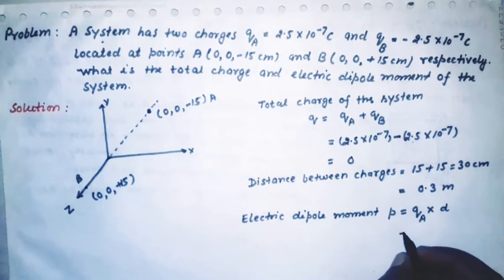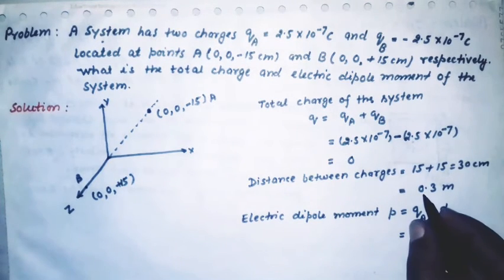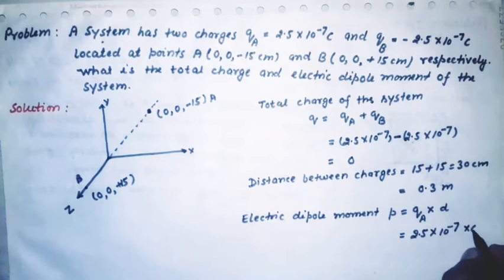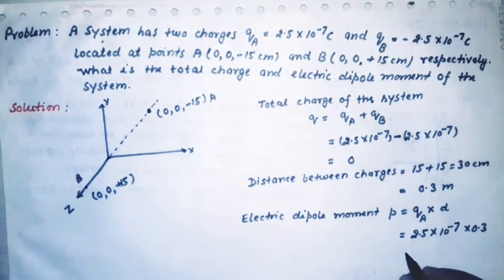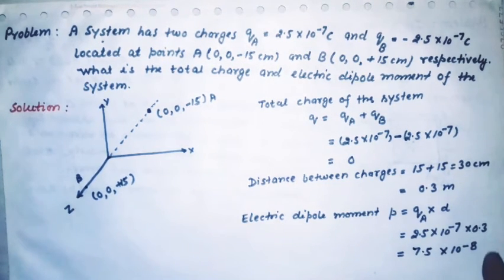This will be equal to 2.5 into 10 to the power minus 7 into 0.3. 25 into 3 is 75, so this becomes 7.5 into 10 to the power minus 8, which is actually 0.75 into 10 to the power minus 7 coulomb meter.